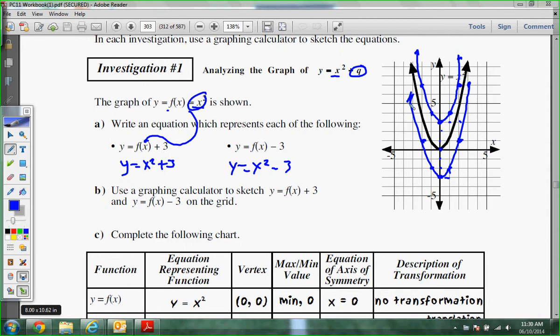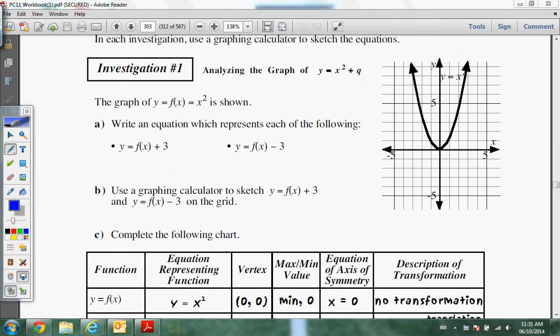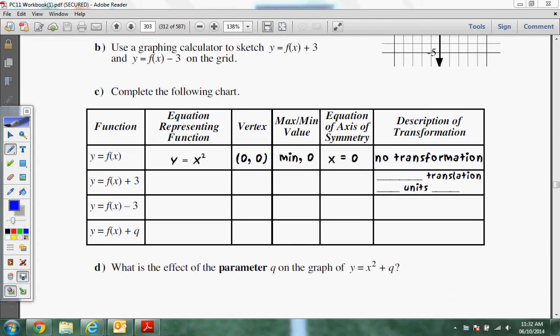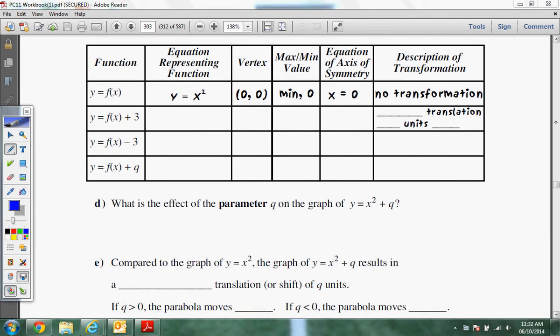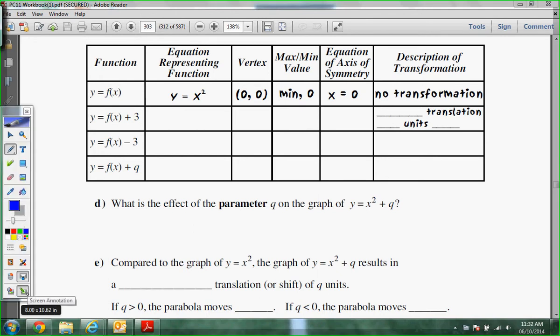So we kind of just saw that the q affects up and down movement. Up and down movement. All right, let's check out this chart here, and it's going to make it a little clearer. When we had y equals x squared plus 3, that would be this.